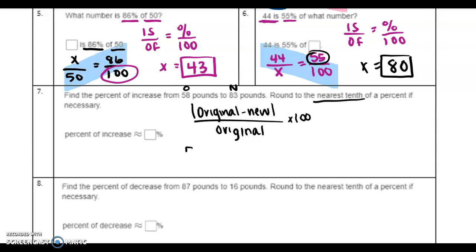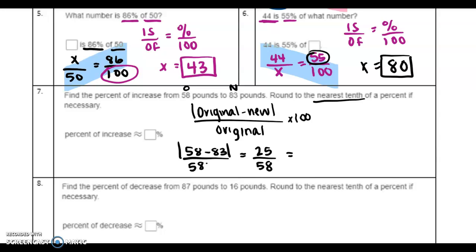So we're going to do 58 minus 83, and we're going to divide that by 58. So 58 minus 83 gives us negative 25, but we take the absolute value, which means it's going to be a positive 25, divided by 58.